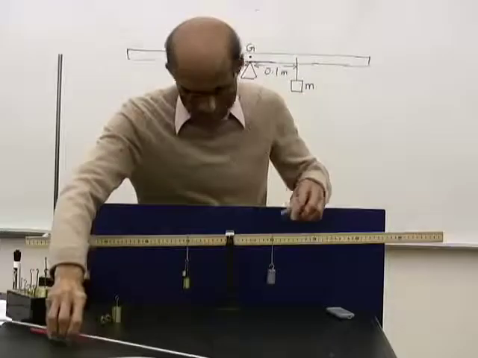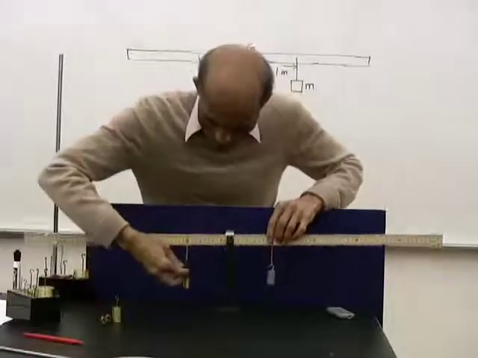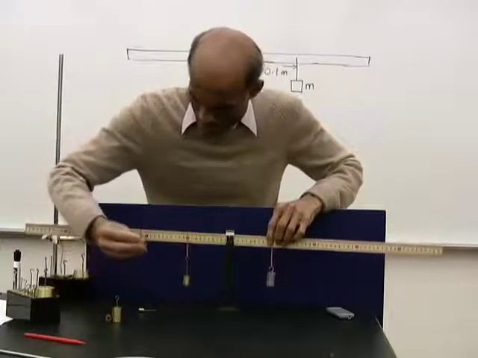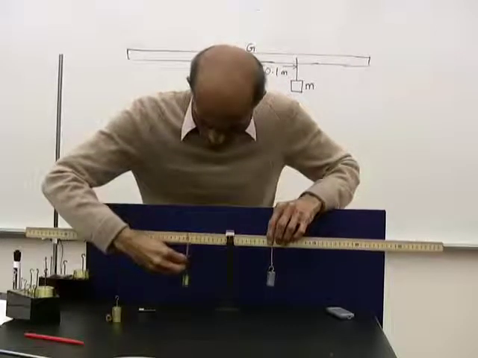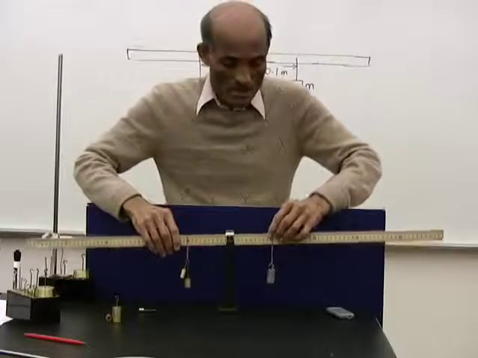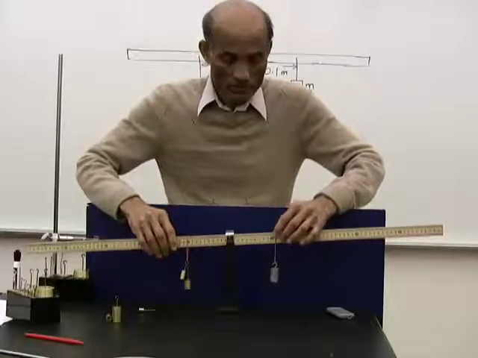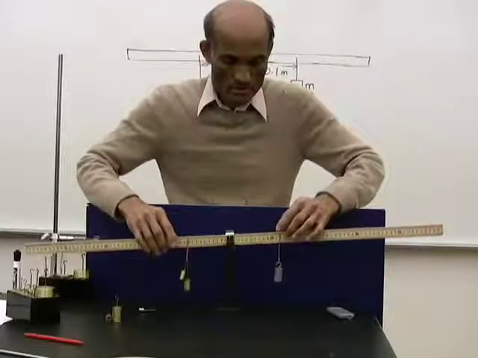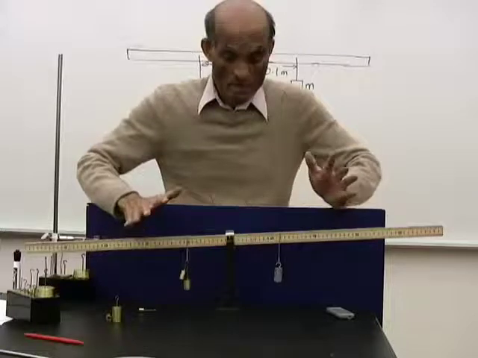Alright. Now let me make it 70 gram. I remove 110 and I put the 20. That is 70 gram, m equal to 70 gram. Let's measure x. Balance?